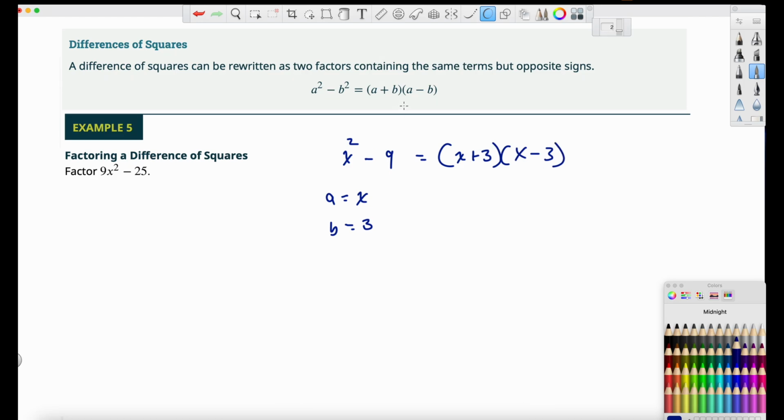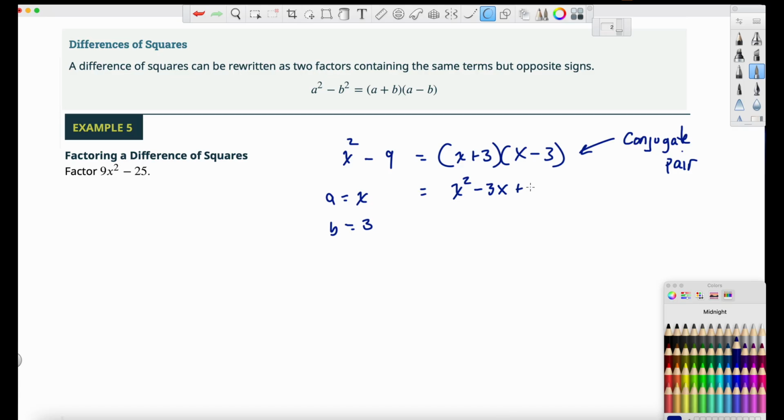Now, if we take this binomial, which we call a conjugate pair, and we've seen this before, and we were to FOIL this, what would happen to the middle term? First is x squared. Our outer would be negative 3x.